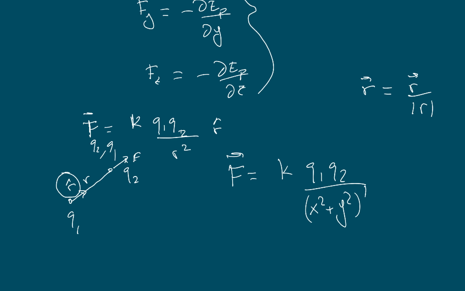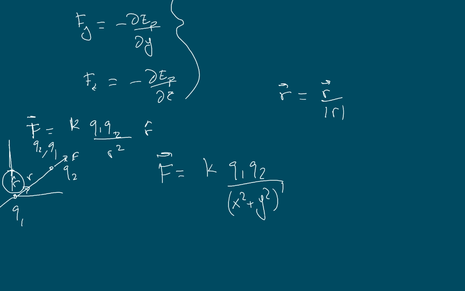So we are thinking that the origin is at Q1. And the vector r is the vector x i plus y j, and the magnitude of r is (x squared plus y squared) to the 1/2.